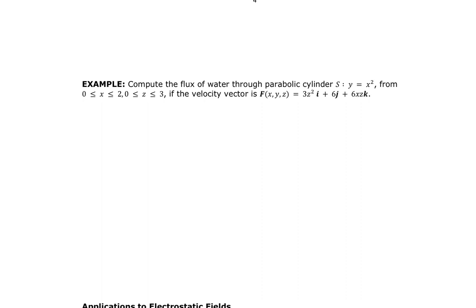So I really want to know how much water is flowing through, with the vector field describing the flow of water. Okay, so good thing is, once again, I can just jump to my divergence formula, because what I want is the flux, which means I can just do the divergence of F dV. So my divergence of F is equal to 0. That's kind of nice. Wonder if this one's going to be 0 too.